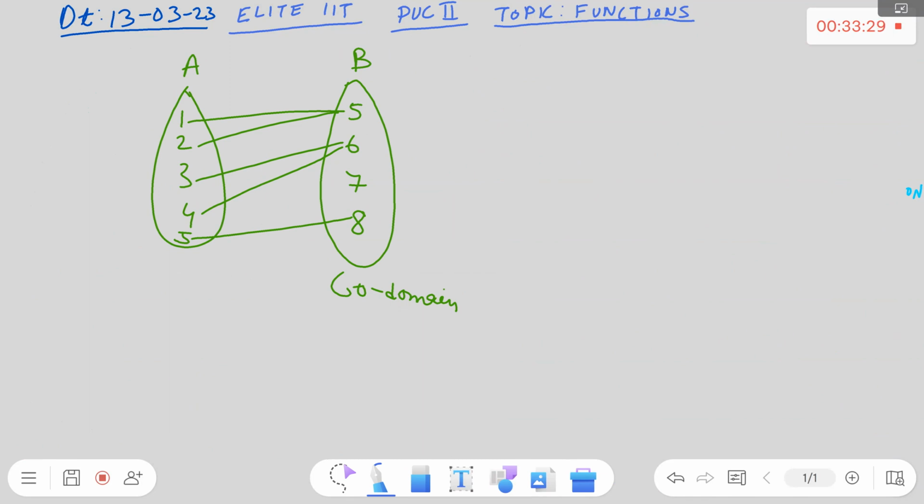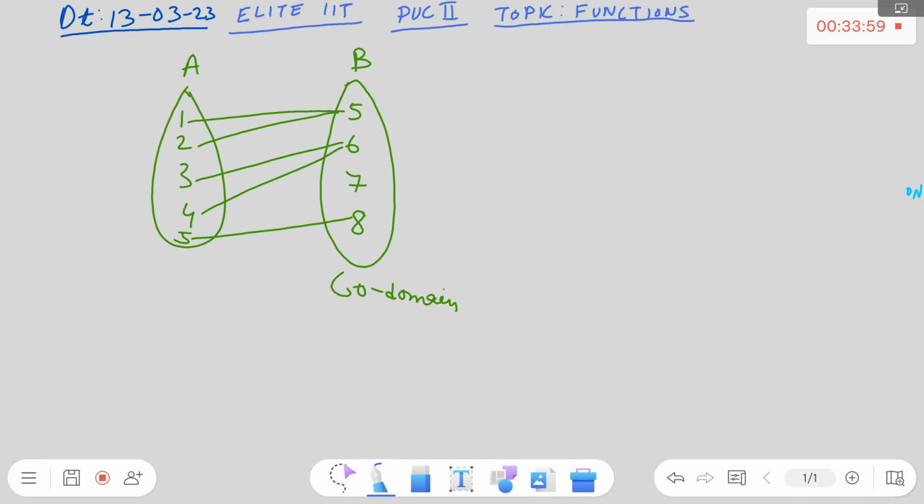Do all the elements of the codomain set have a pre-image? This is the function, right? Does it satisfy the definition of a function? It satisfies, right? All the elements of the domain have a unique image, isn't it? All of them are included. It satisfies the basic definition.